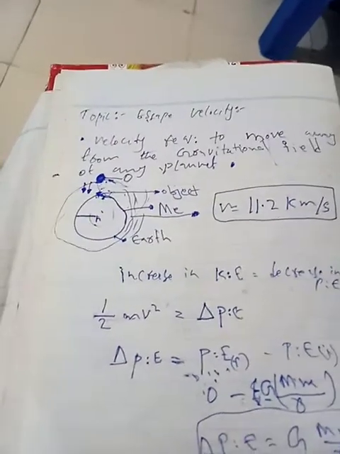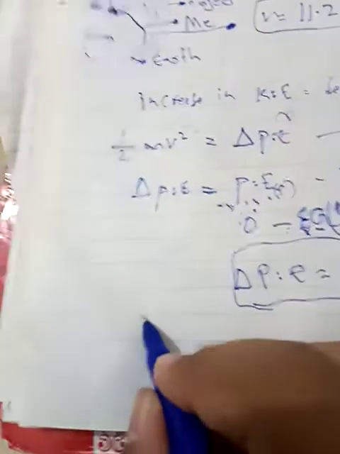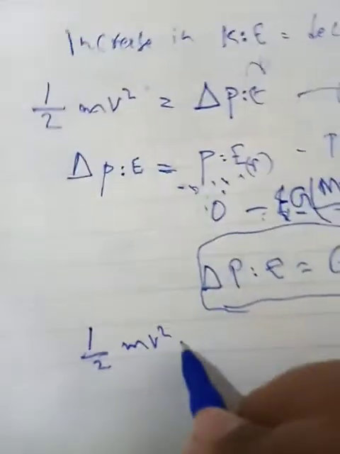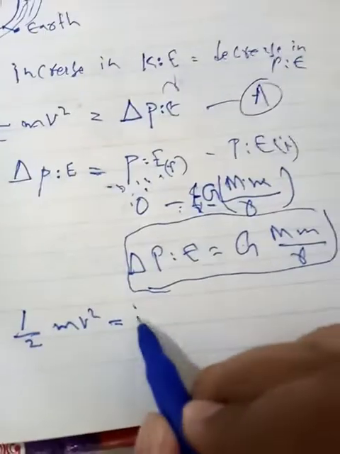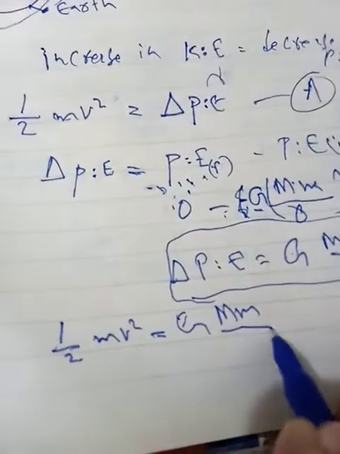Now putting this value in equation A, we write half mv square equals, instead of delta potential energy, GMm upon r.